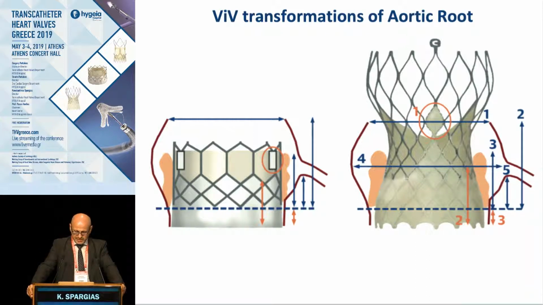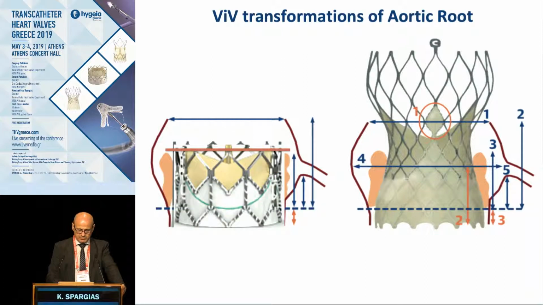Moving to the transformations that we have in the aortic root after valve-in-valve implantation, we see that when we implant a Sapien valve in another Sapien, nothing changes within the aortic root.